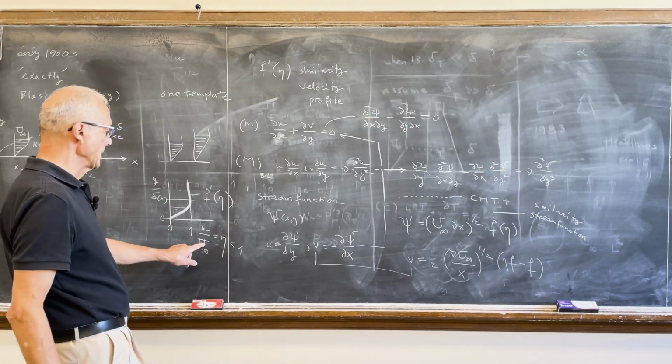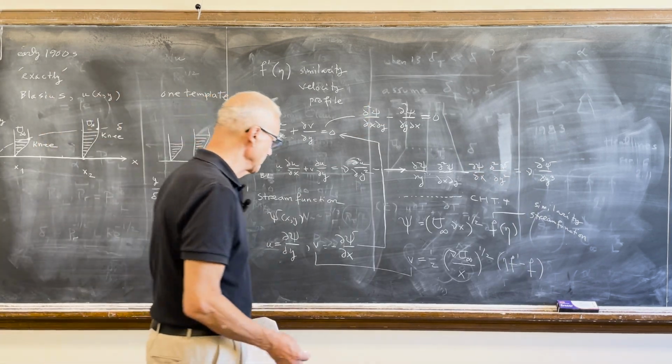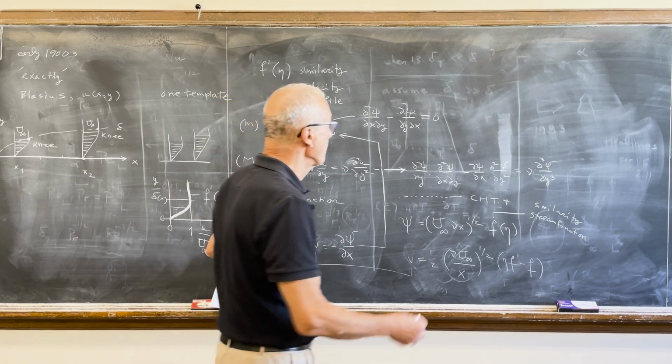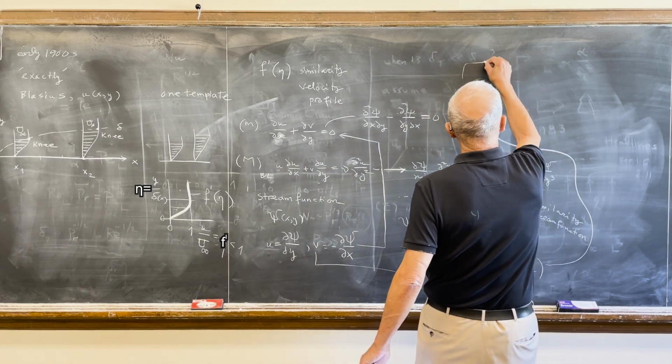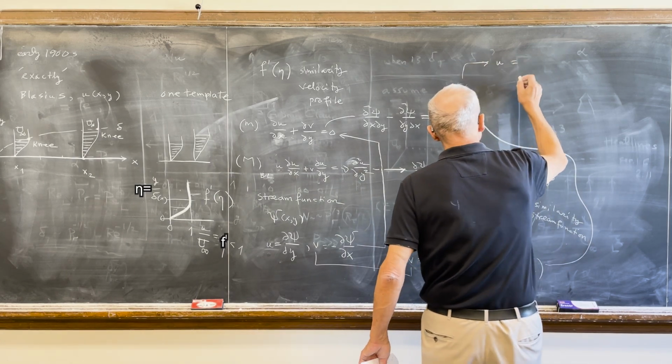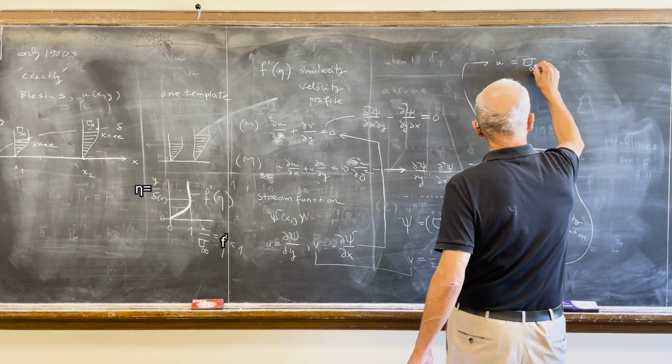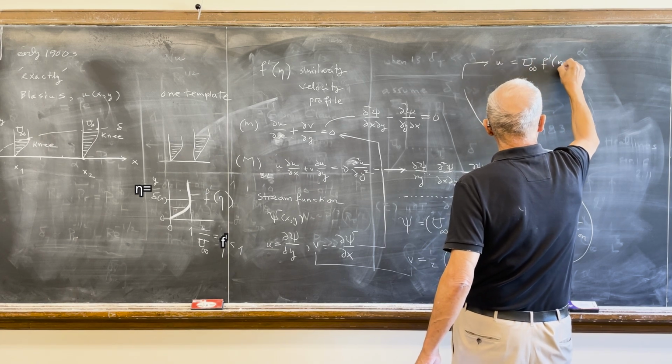Here, u, little u, in fact, from over here, is u infinity, and then f prime of eta.